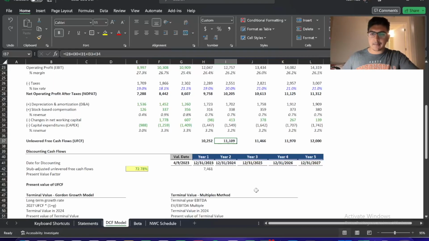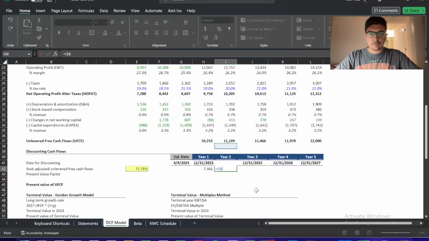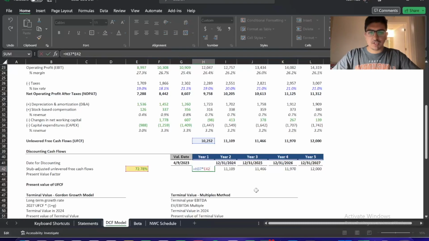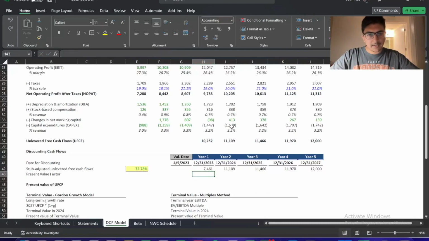Our model is capturing the full cash flow generation of the full years of 2024, 25, and so on. So for the other years, we're just going to do a direct cell reference without stub adjusting them. It's just this first year where we need to stub adjust. Okay? So now we get to the present value factor.